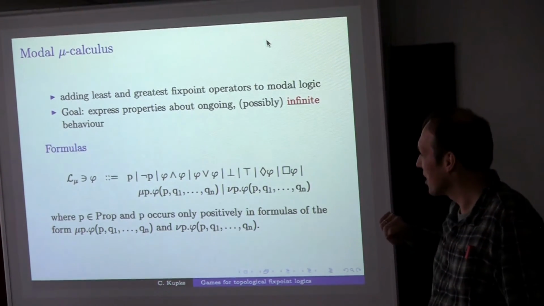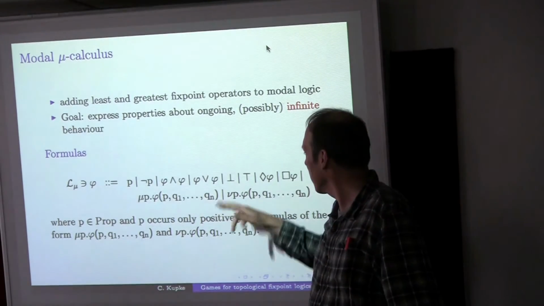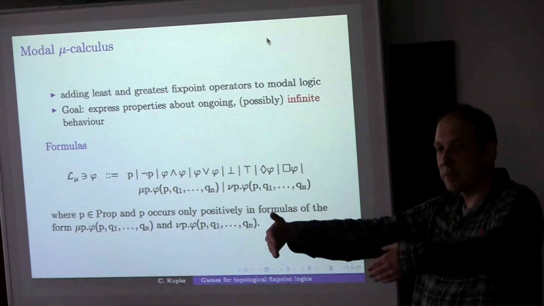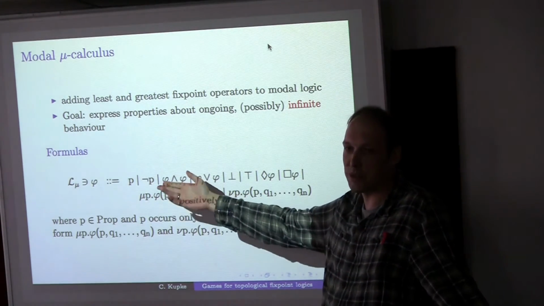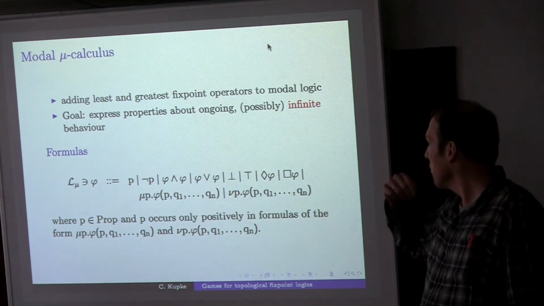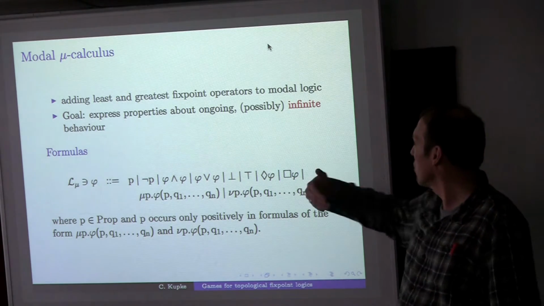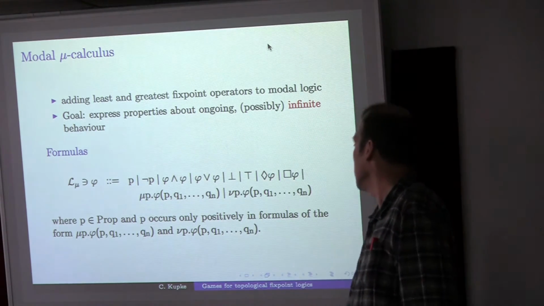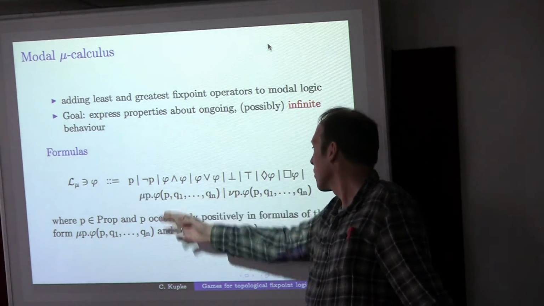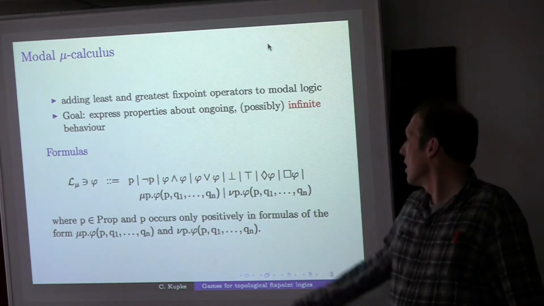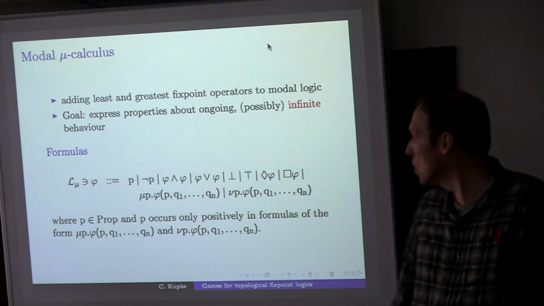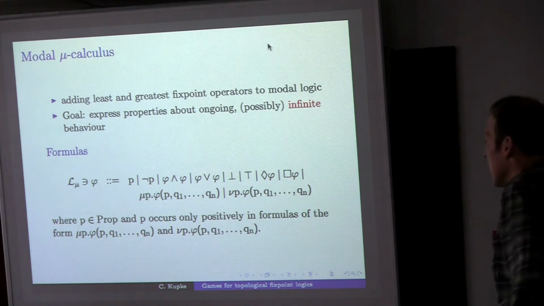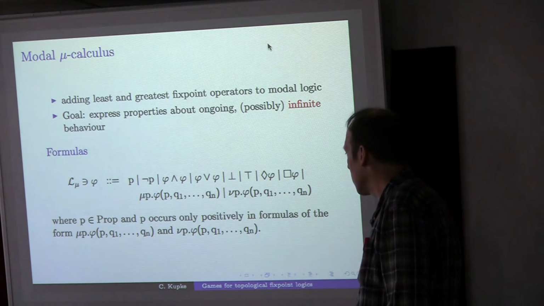The problem with basic modal logic, if you wish, is that you can only look finitely many steps into the model, because you can only write finitely many diamonds or boxes in a formula. If you want to express properties of the ongoing behavior of the state, you add the fixpoint operators, the mu and the nu. The mu is the least fixed point, and the nu is the greatest fixed point.